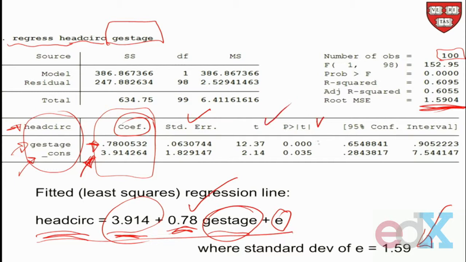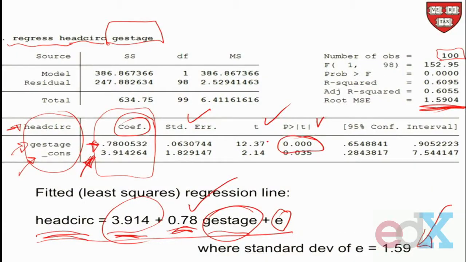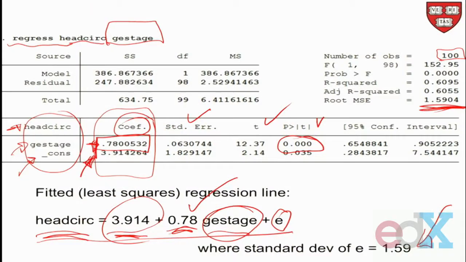Our p-value says that p is 0.0000, so less than 0.0005, and so we would reject the null hypothesis that the beta related to gestational age is equal to 0. We also could have done it with the confidence interval. It's between 0.655 and 0.905. So we reject the null hypothesis that the beta is equal to 0.